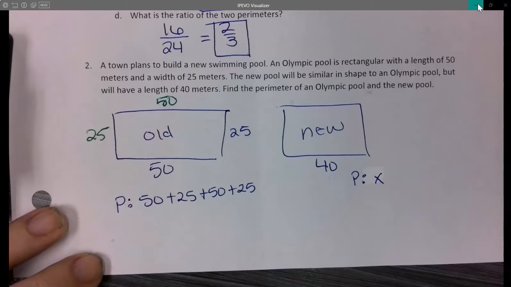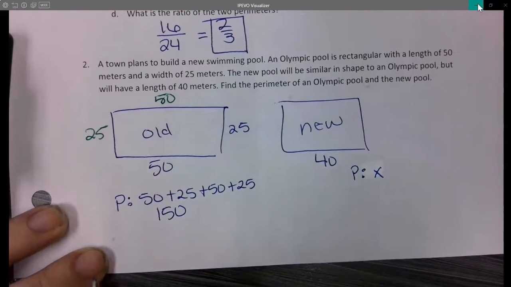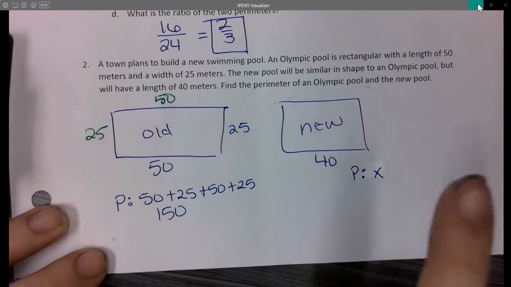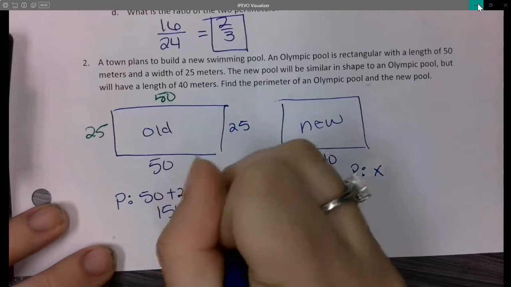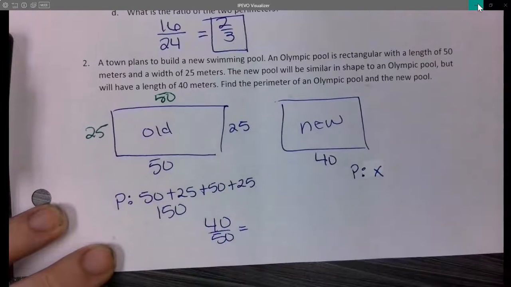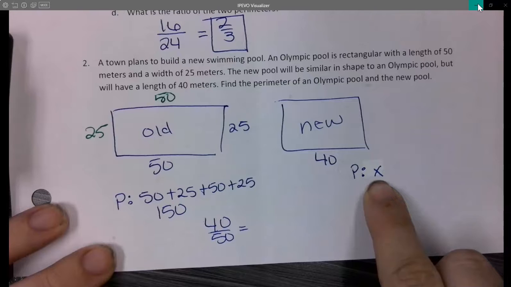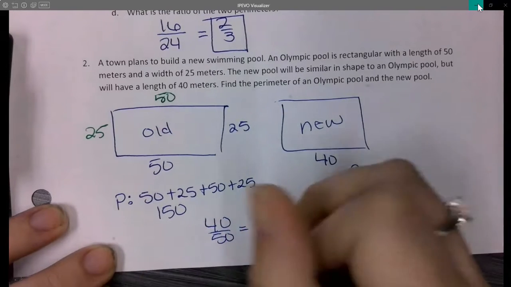So what is my perimeter of my old pool? 150. So now I want to set up a ratio. I have my new length of 40 and my old length of 50. So I'm going to do 40 over 50. Then I have my new perimeter, which I don't know, over my old perimeter of 150.